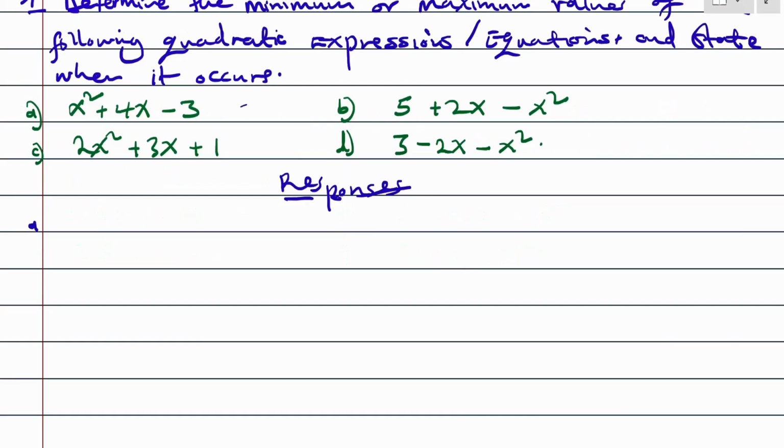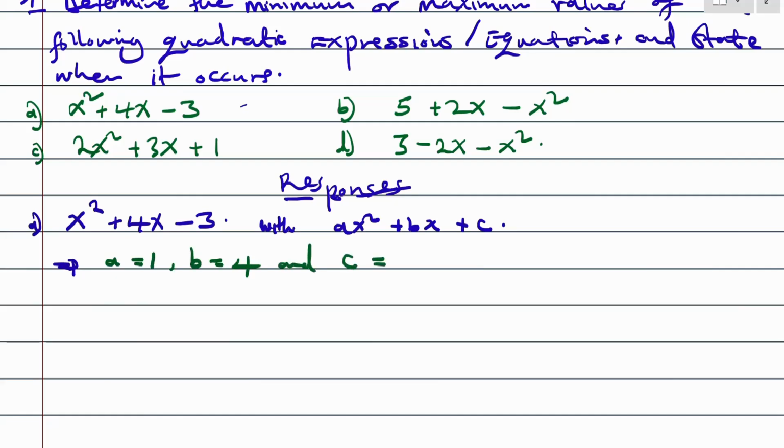So we can have our responses, starting with part A. In part A, we have our quadratic expression as x squared plus 4x minus 3. We compare this quadratic expression with ax squared plus bx plus c. This implies that a equals 1, b equals 4, and c equals negative 3.